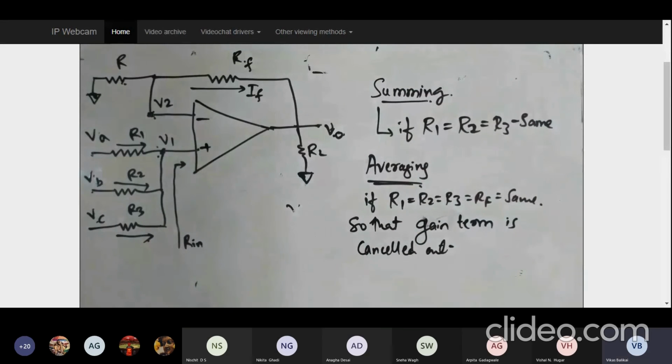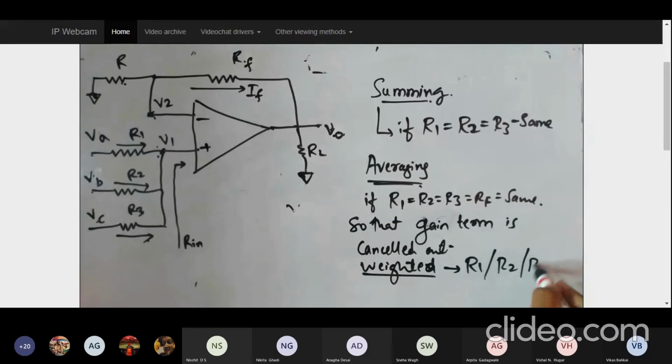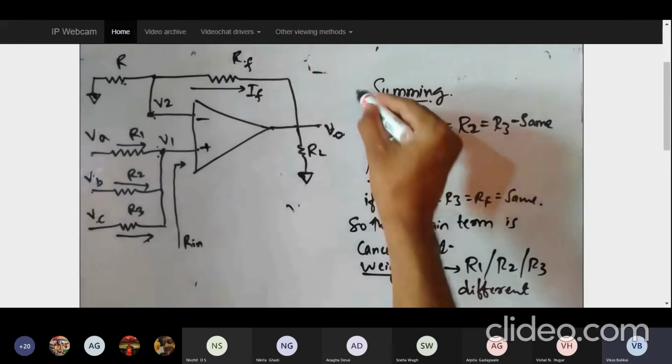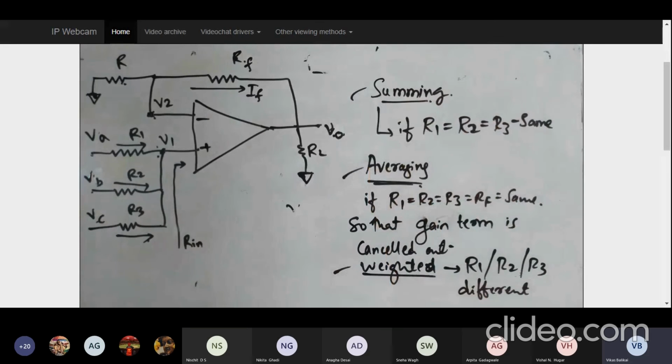So that leads to averaging. In a weighted amplifier, R1, R2, R3 all will be different. So that is the main difference between your summing amplifier, averaging amplifier, and the weighted amplifier circuit. So this is how your non-inverting configuration can be converted into different configurations which work like a summing amplifier, averaging circuit, and weighted amplifier circuit.